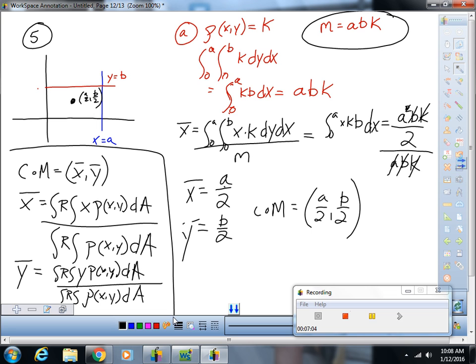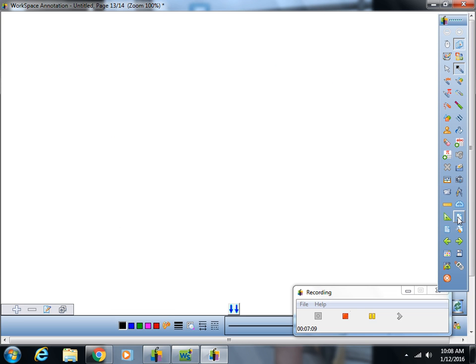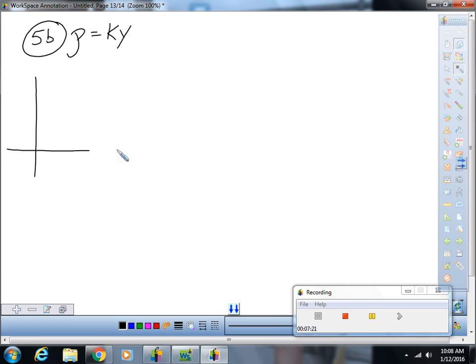And now we're going to go on to part B of the problem. What's different in part B of the problem? What is my density function? Ky. So what isn't going to change in this?